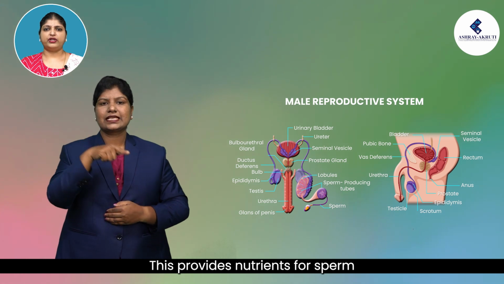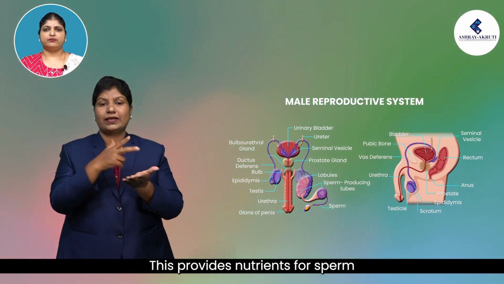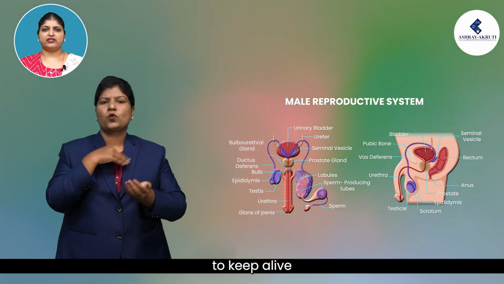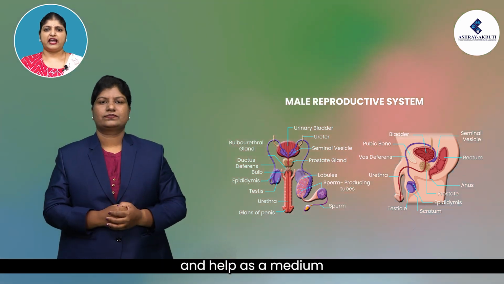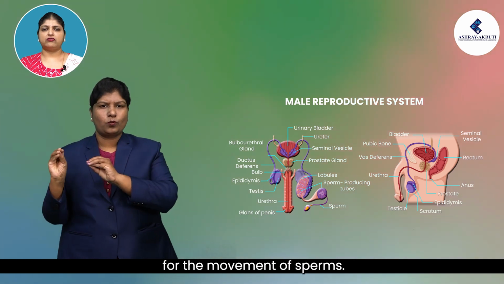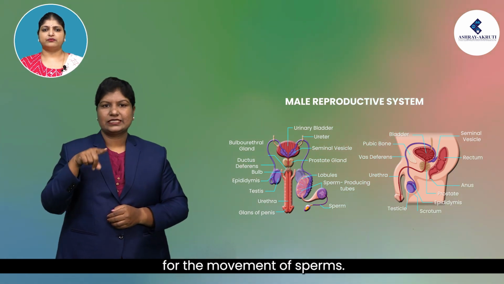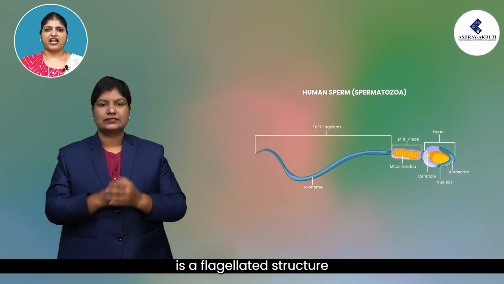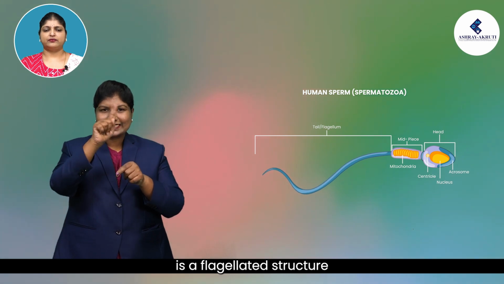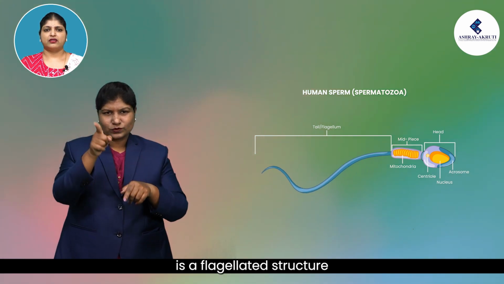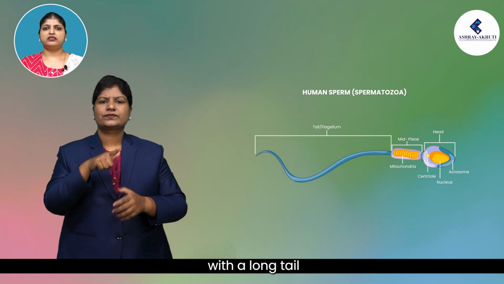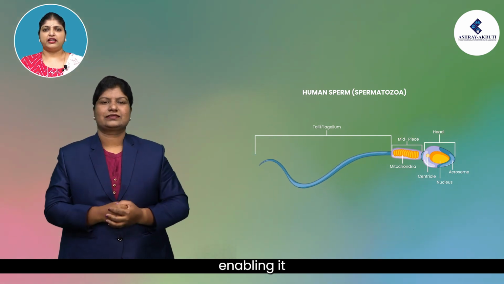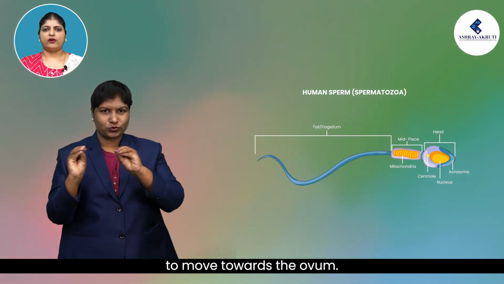This provides nutrients for sperm to keep alive and help as a medium for the movement of sperms. The sperm cell is a flagellated structure with a long tail enabling it to move towards the ovum.